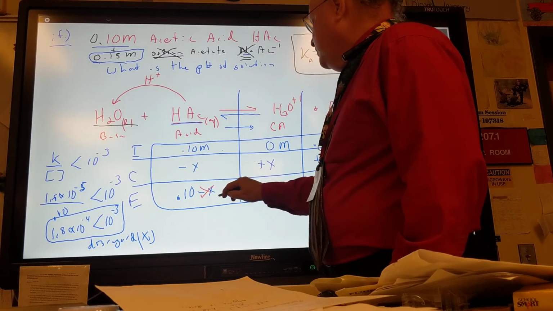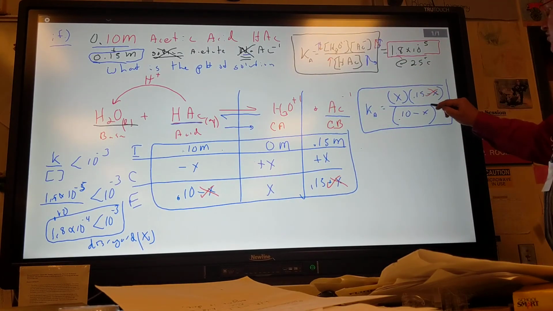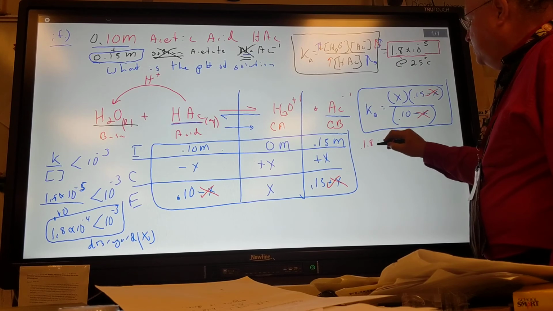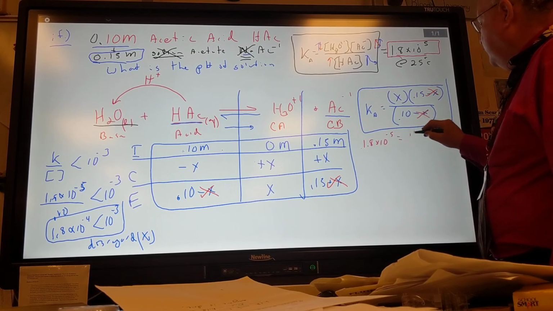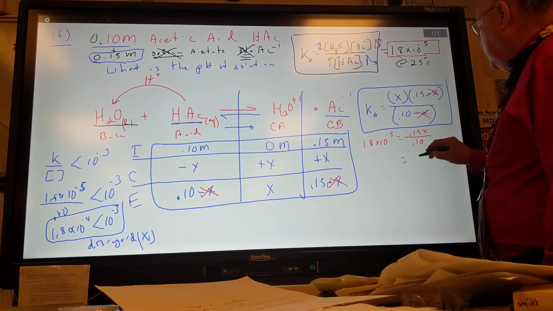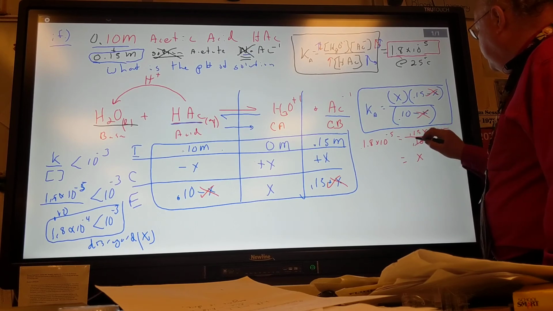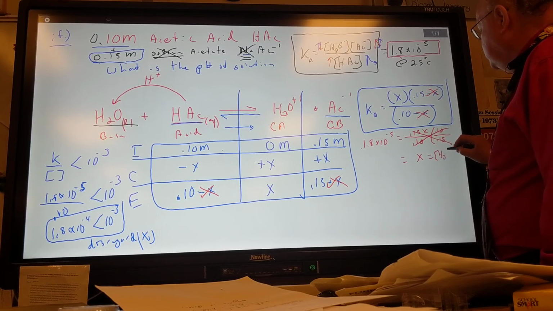By doing that, I don't have to do any crazy quadratic equation, and I'll solve for my x. 1.8 times 10 to the negative fifth equals 0.15x over 0.10. Solving for x, I'm going to divide by 0.15, multiply by 0.10. Now I solve for x, which is your hydronium concentration.